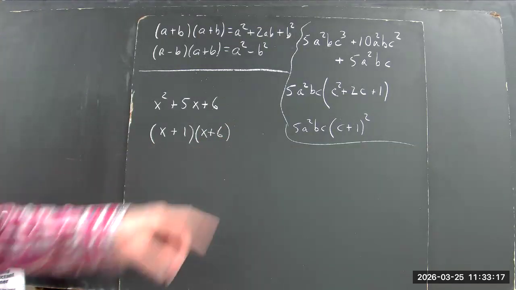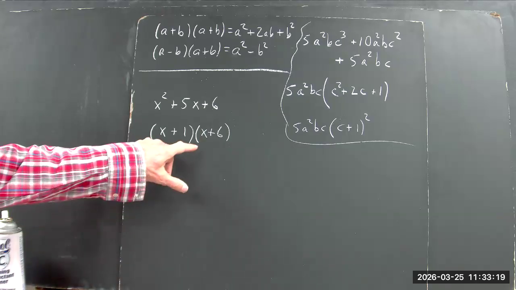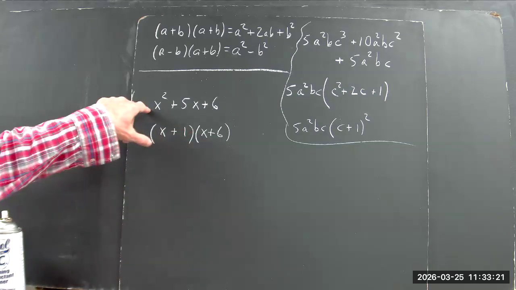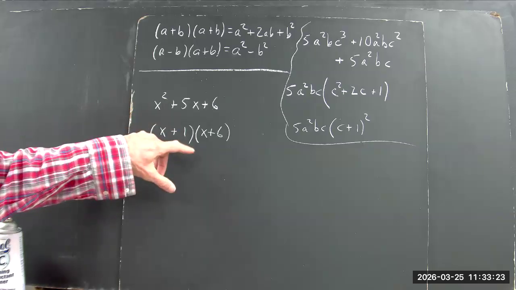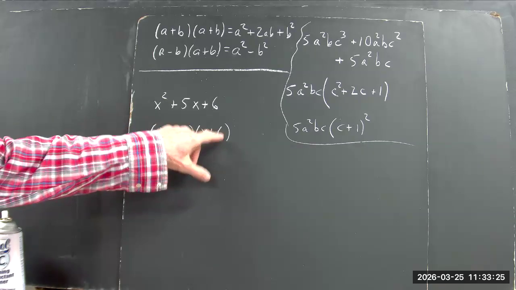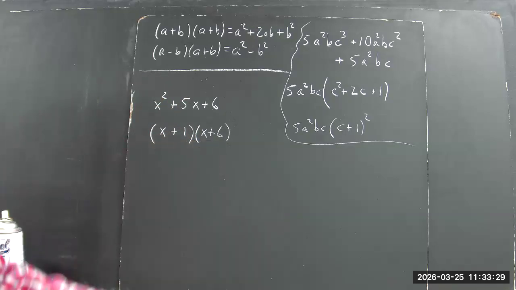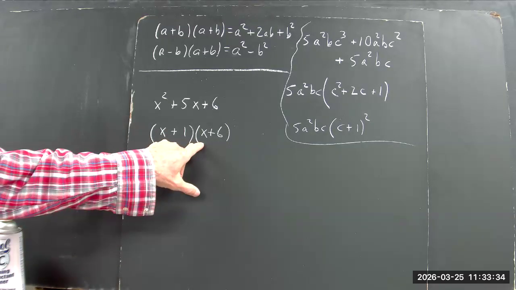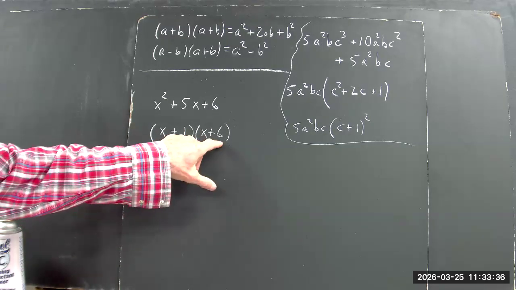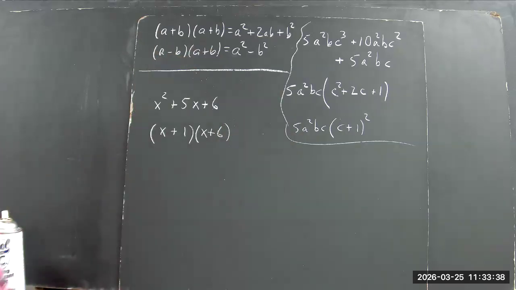if you do (x + 1) times (x + 6), you have x times x, which is going to give you x squared. And you have x times 6, which gives you 6x. And you have 1 times x, which gives you 7x, right? So from the 1 here and the x here, you get an x. From the x here and the 6 here, you get a 6x. That makes 7x.